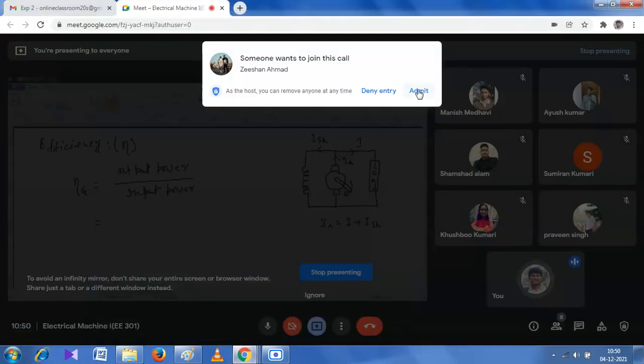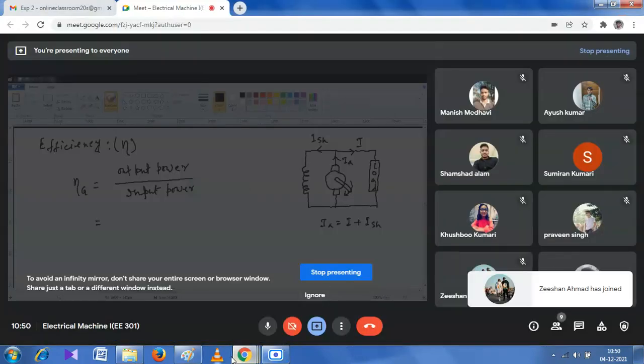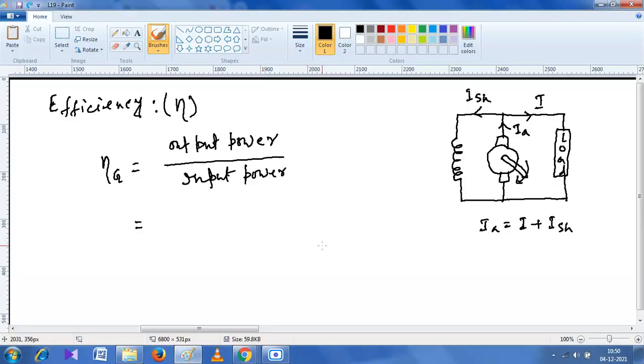In case of generator, the output is electrical form and the input is in which form, electrical or mechanical? Mechanical form. So we have to convert the input in terms of electrical.